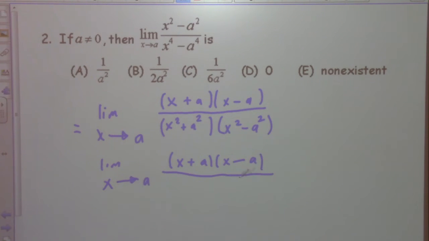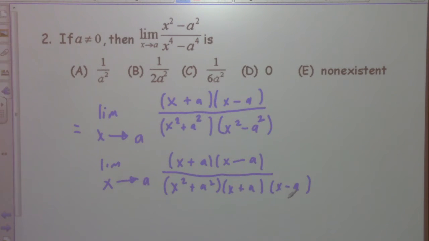And down here we have x squared plus a squared. And down here, what do we have now? x plus a, x minus a.